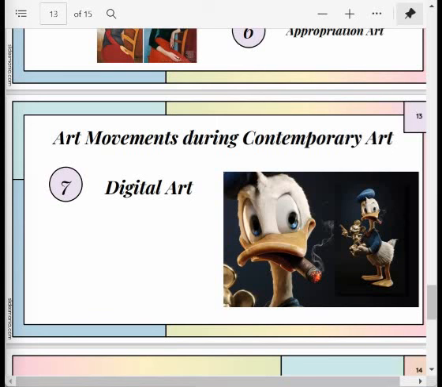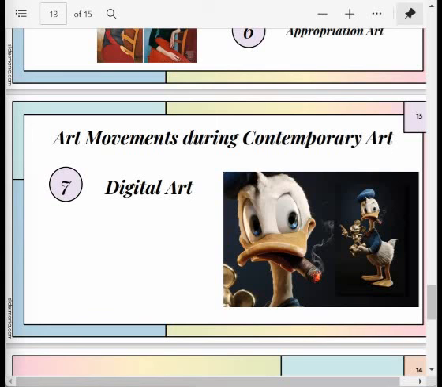Since this early foray into artificial intelligence, Cohen continued to fine-tune the Aaron program as technology becomes more sophisticated. Digital art can be computer-generated, scanned, or drawn using a tablet and a mouse. So again, that is digital art.